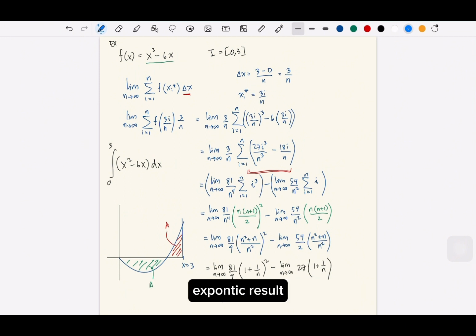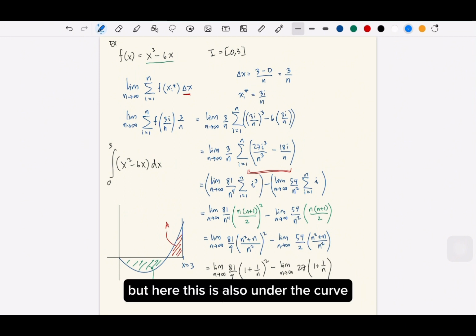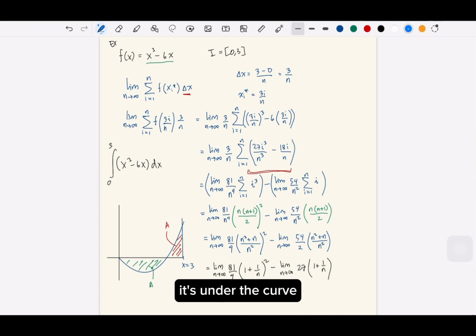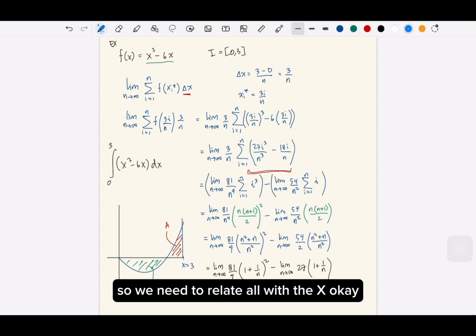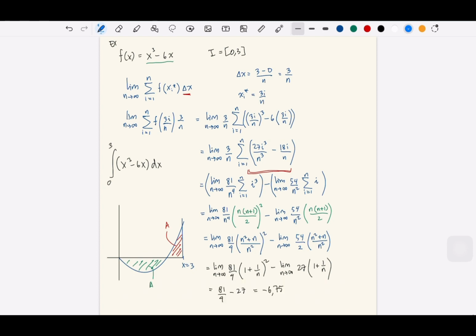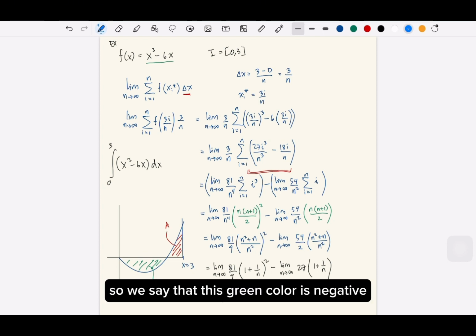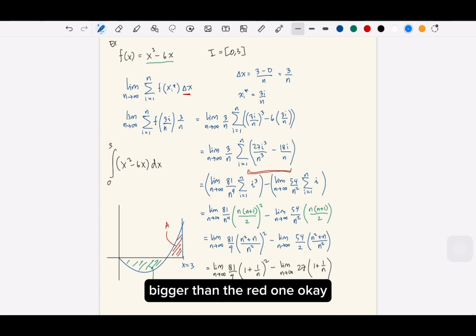It's a positive result. But here, this is also under the curve if you see from a different perspective. So we need to relate all with the x-axis. So we say that this green color is negative, which means if we get a negative result, this green is much bigger than the red one.